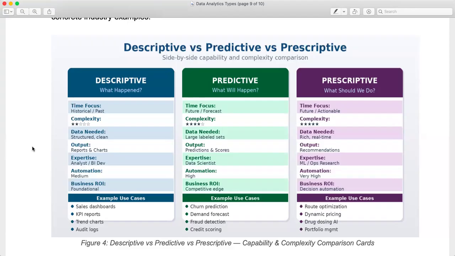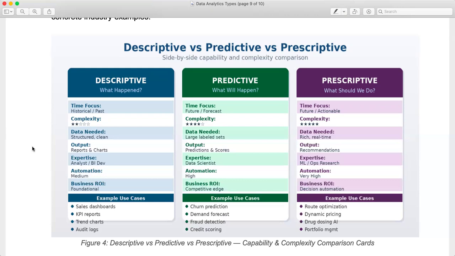The data needed is structured and clean for descriptive, and for predictive, it should normally be labeled and large. And for prescriptive, it should be real, rich and of high quality.